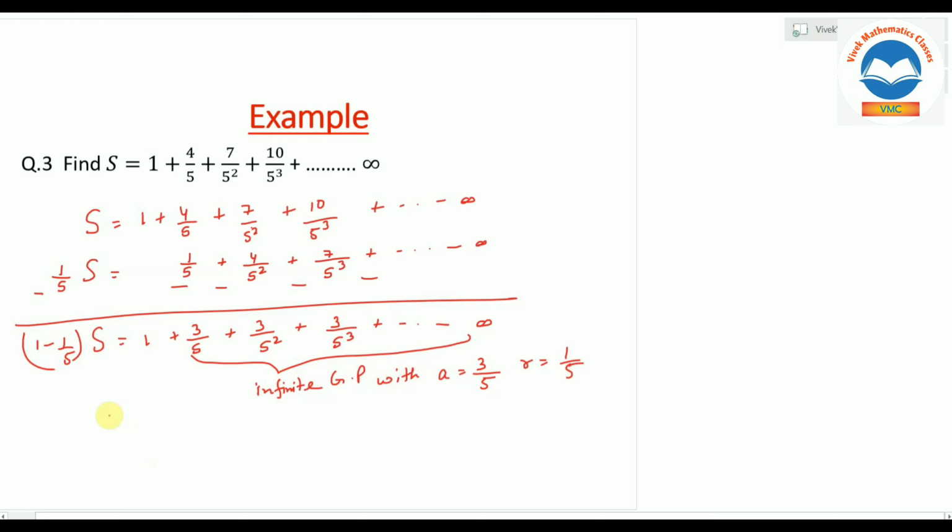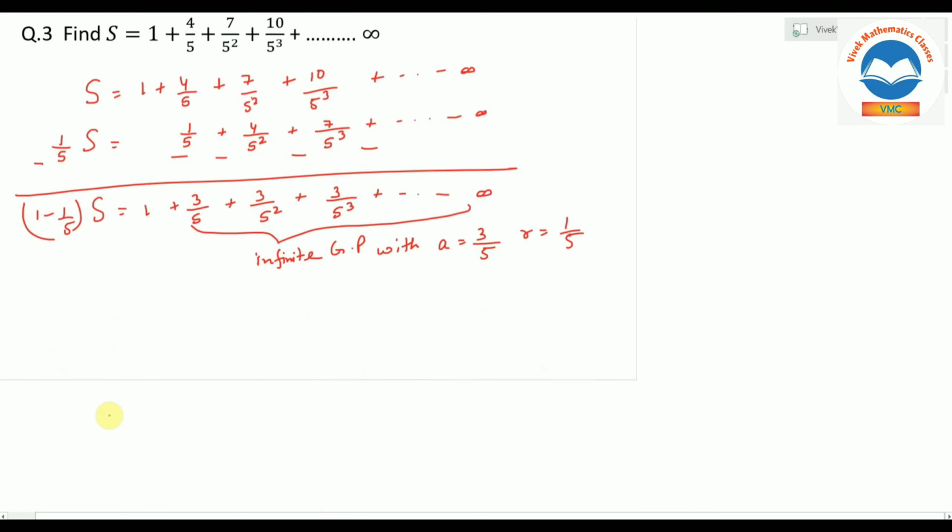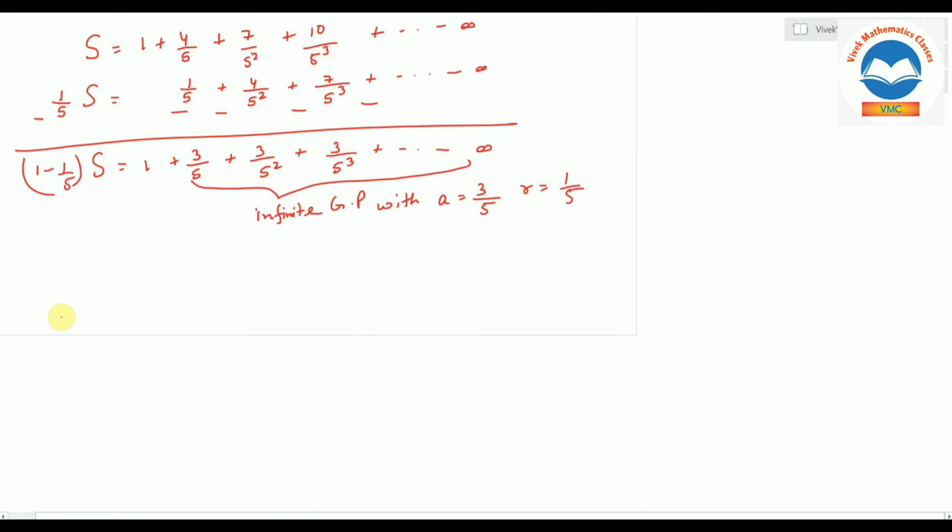So we can apply the sum of infinite GP formula. On the left side you will get 4 by 5 into S will be equal to 1 plus the sum of infinite GP formula a by 1 minus r. a value is what? 3 by 5 divided by 1 minus 1 by 5.